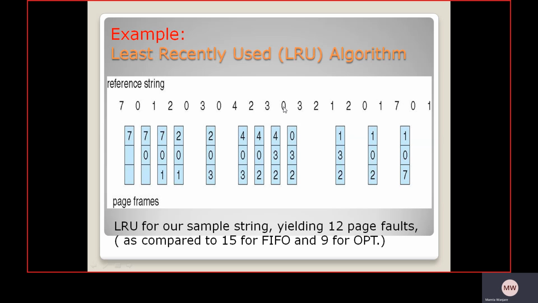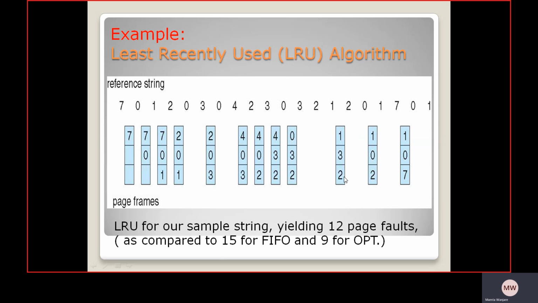Then for putting 0 into the frame, again check backward. 2 and 3 are already present, so replace the fourth one. So 0, 3, 2 is there. Then when you put 2, 2 is already present in the buffer, so it is a page hit. For 1, you replace 0, so put 1 in place of 0.